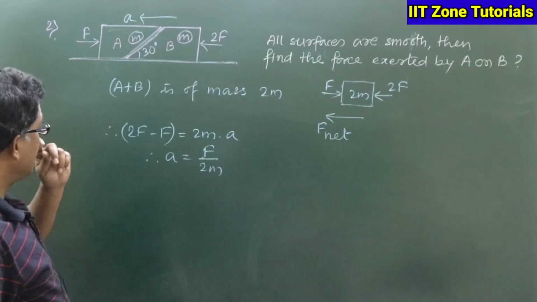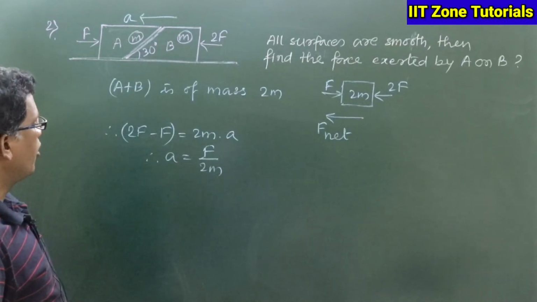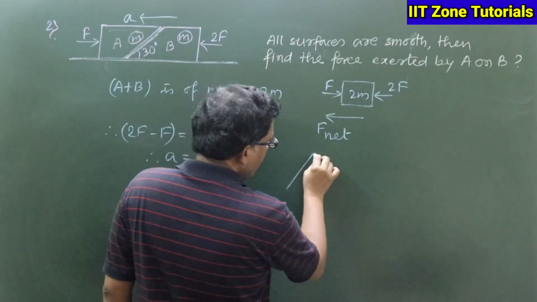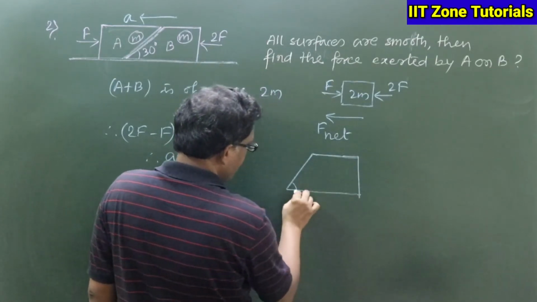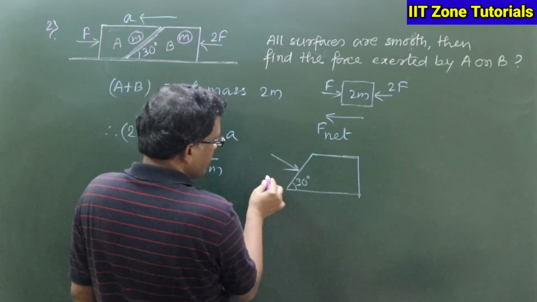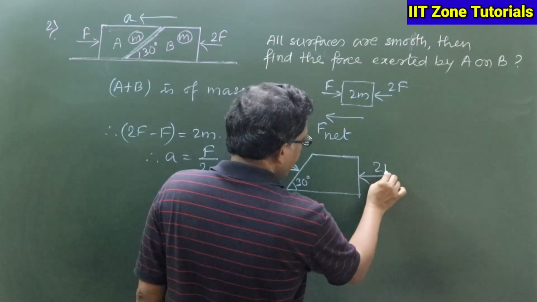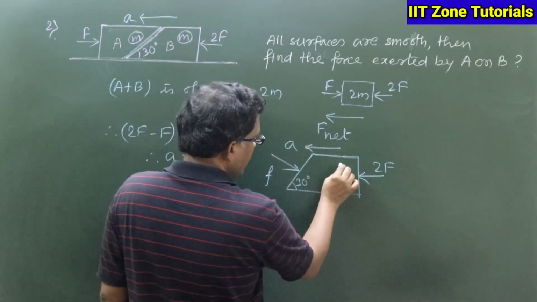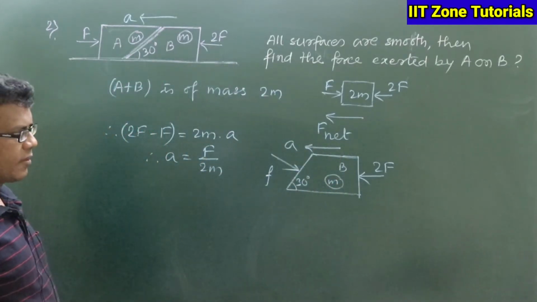Once the acceleration is known, we have been asked to find the force exerted by A on B. So as far as B is concerned, if we consider the block B where it is 30 degrees, the contact force by A on B will be this way. Let it be small f, and in this direction it is 2F. The resulting acceleration of block B, whose mass is m, is definitely in this direction.